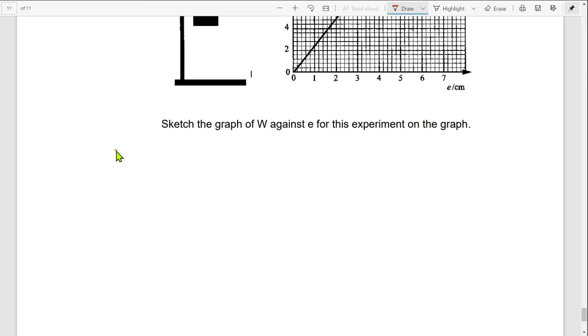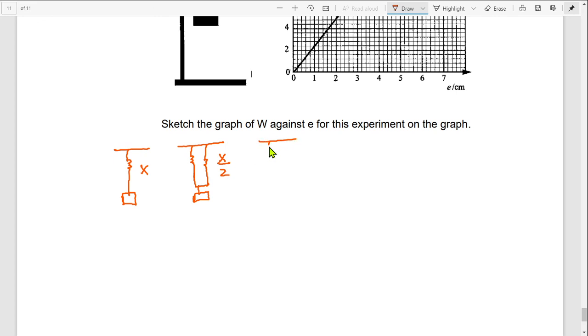If I have only one spring being extended by a load, it makes extension of X. If I have two identical springs being extended by the same load, the extension will be X over 2, because I have two springs.